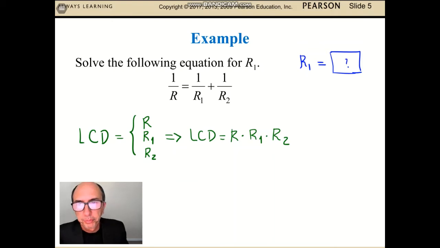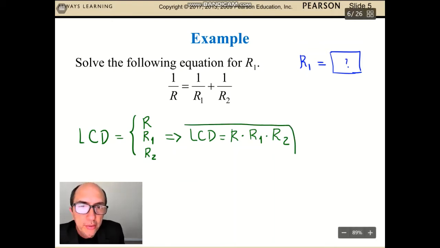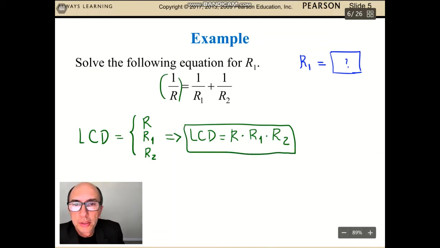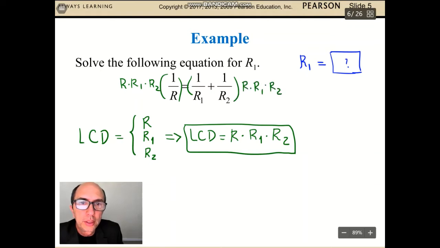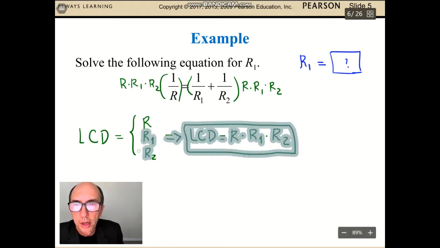This is the least common denominator. We can apply this, multiplying both sides of the equation by the least common denominator. R times R1 times R2 here, and R times R1 times R2 on the other side, both sides. Okay, let's get rid of this. We already know the least common denominator.